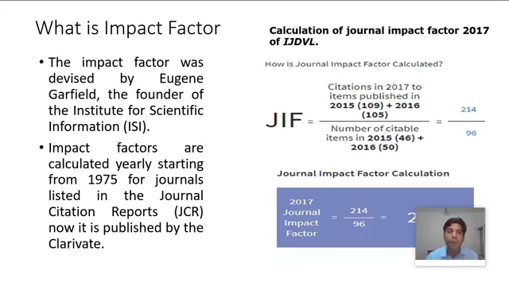For example, if the journal has received 109 citations to 2015 articles and 105 citations to 2016 articles, combined these come to 214, and then you divide by the total number of articles published in 2015 and 2016. Whatever number results is the impact factor of this particular journal.